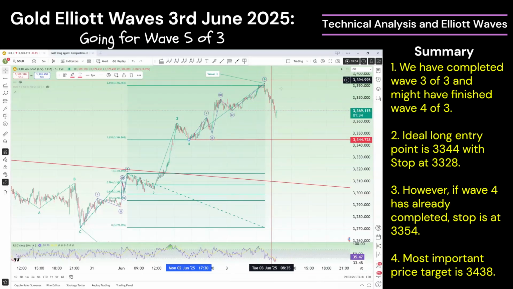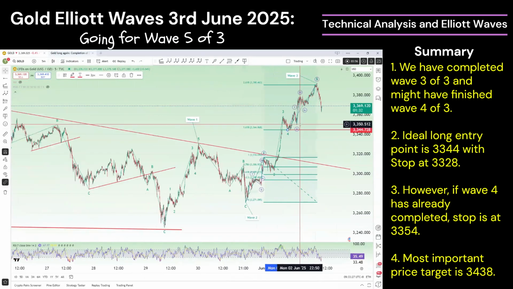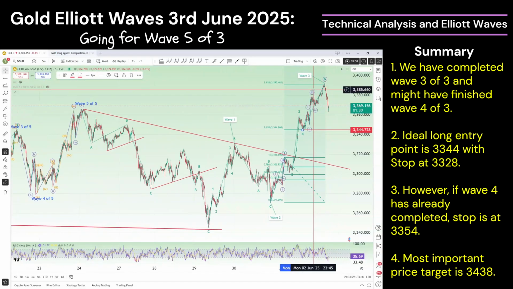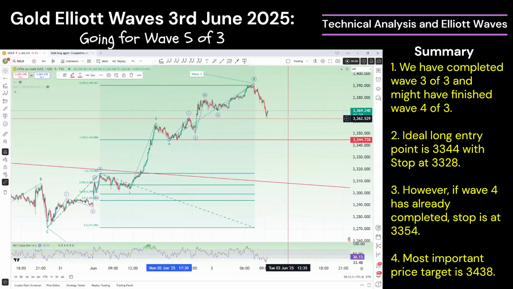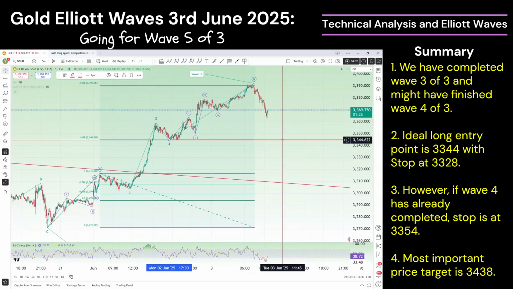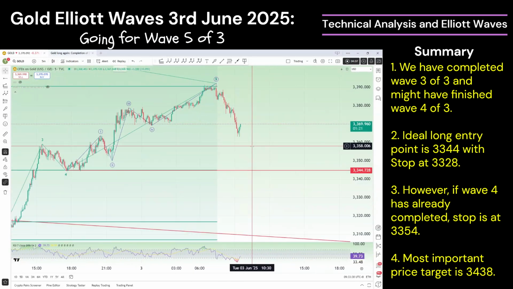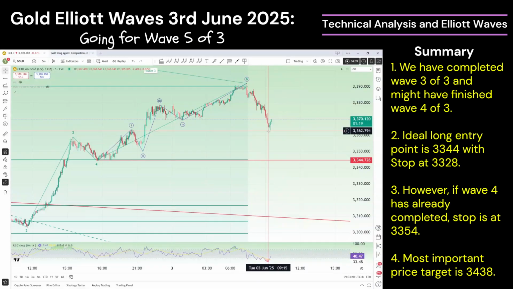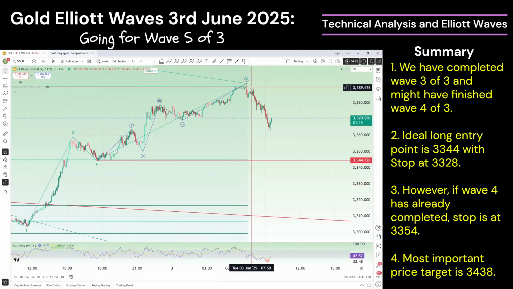So definitely we are going to a wave four before a final wave five. So the ideal case is wave four will reach here before it bounces out.